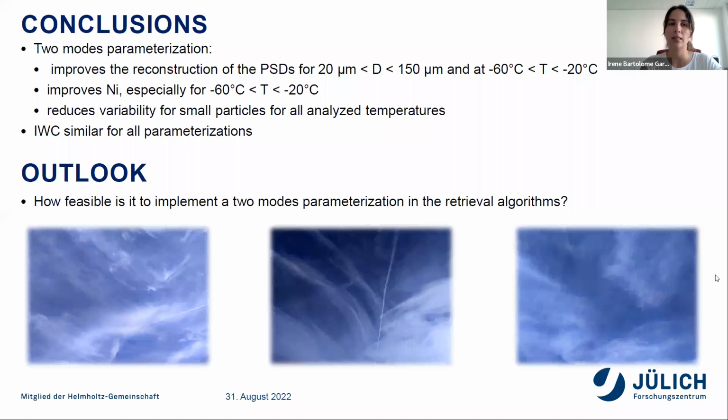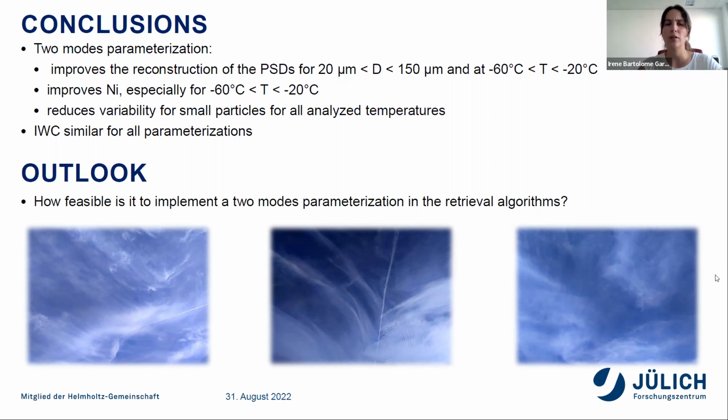And this leads into the conclusions of my talk. The two-mode parametrization improves the reconstruction of the PSDs for sizes between 20 and 150 microns for temperatures between -60 and -20. Also, in this temperature range is where we see the larger improvement of the number concentration.